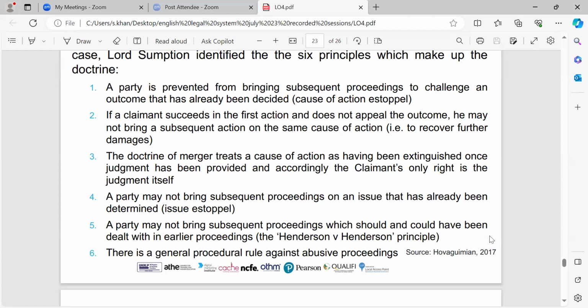The rule in Henderson and Henderson is a well-known established procedural rule that advances the principle of finality in litigation, as mentioned earlier. As originally pronounced by Sir James Wigram, the rule requires all parties to bring their whole case to the court in a single set of proceedings.